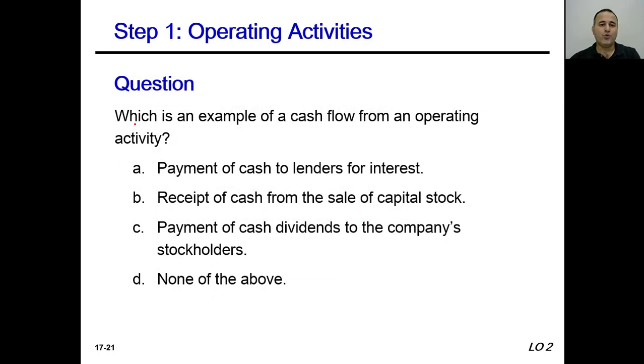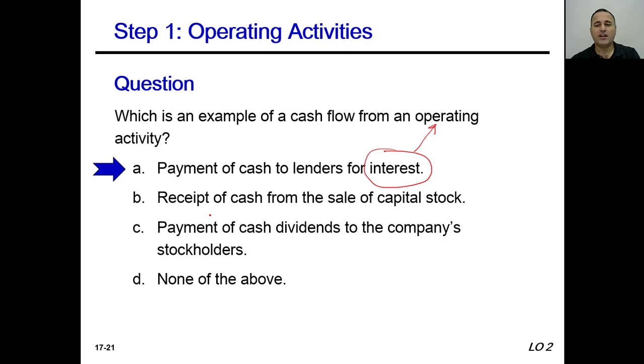Now, question for you: which is an example of a cash flow from an operating activity? The answer is very easy: payment of cash to lender for interest. So whenever you pay interest, it's an income statement item, and as I said, the income statement actually belongs to operating activity.